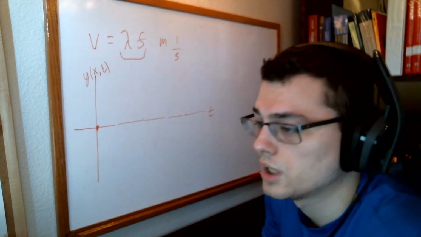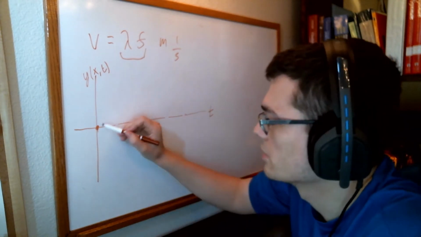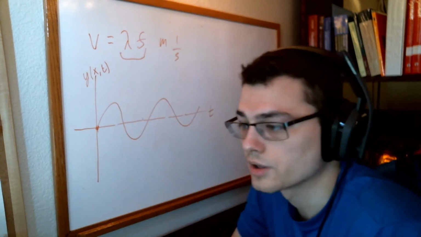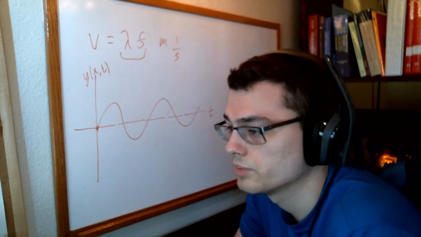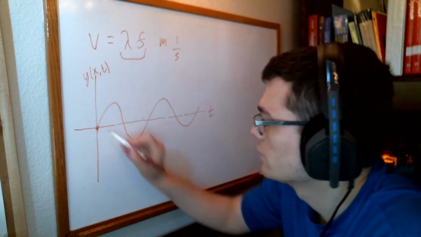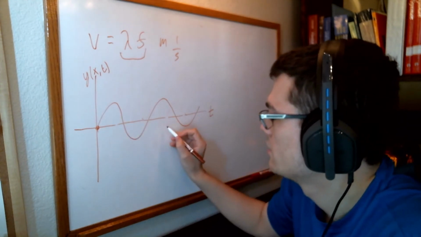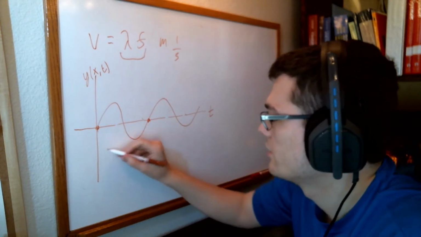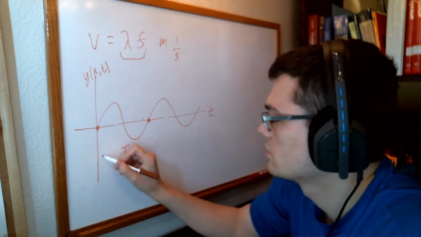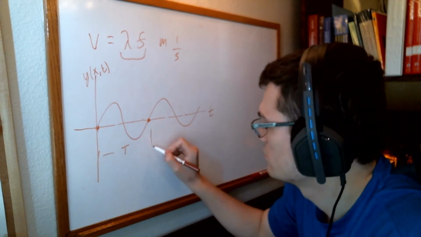So when we're talking about a period T, usually this is going to go like this, like we saw in our oscillations chapter. When it completes one cycle from here to, I'd say, about here, this is going to be our period T from these two spots.